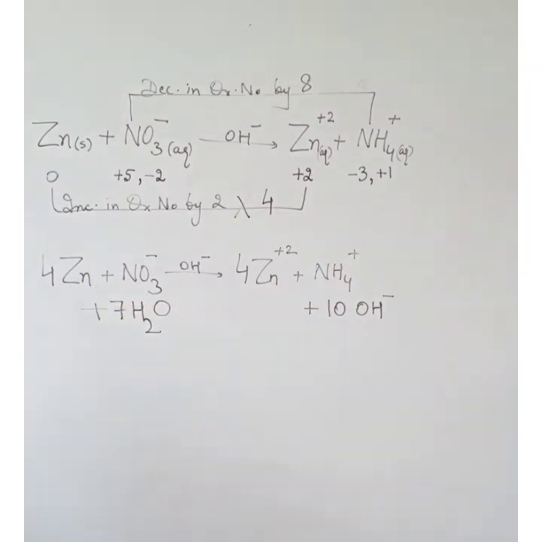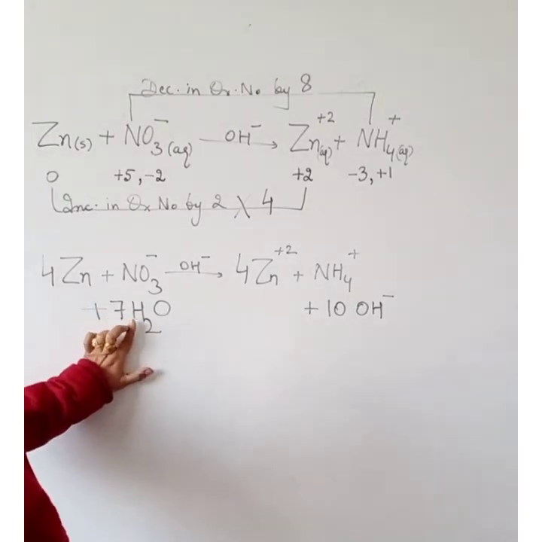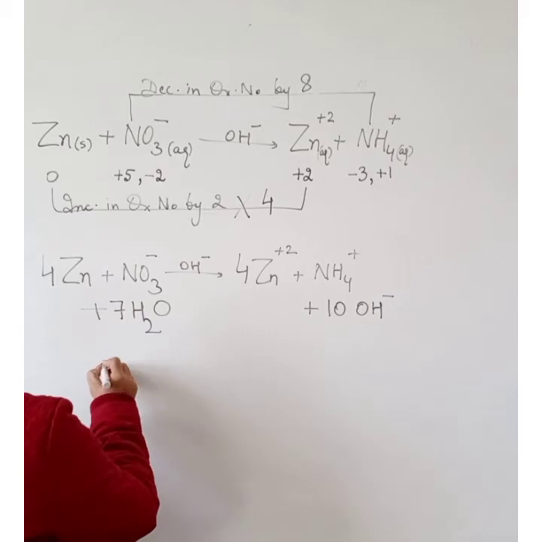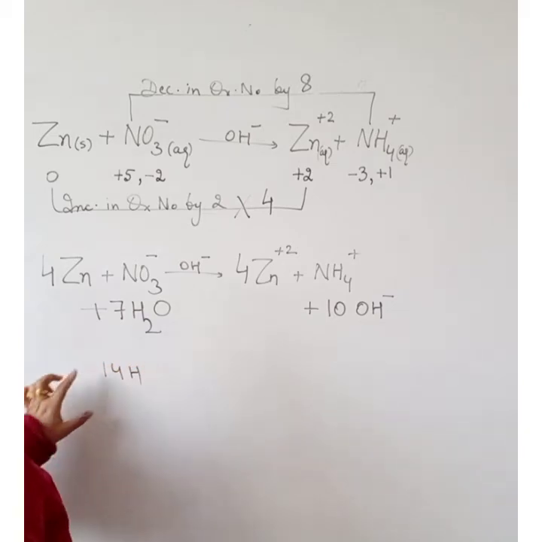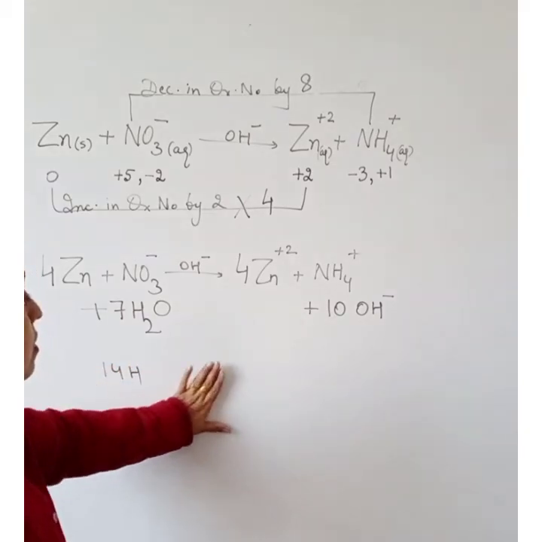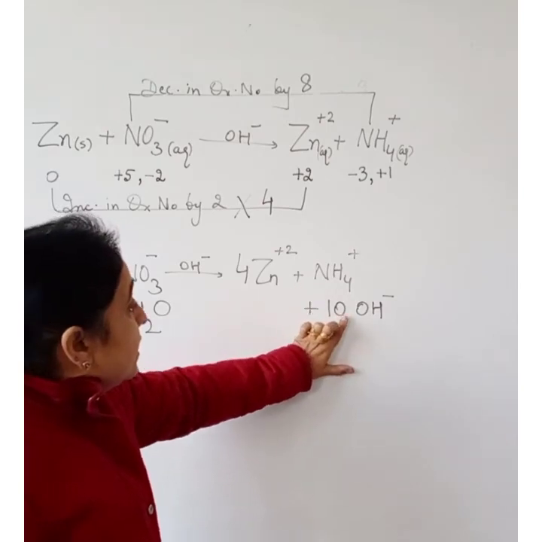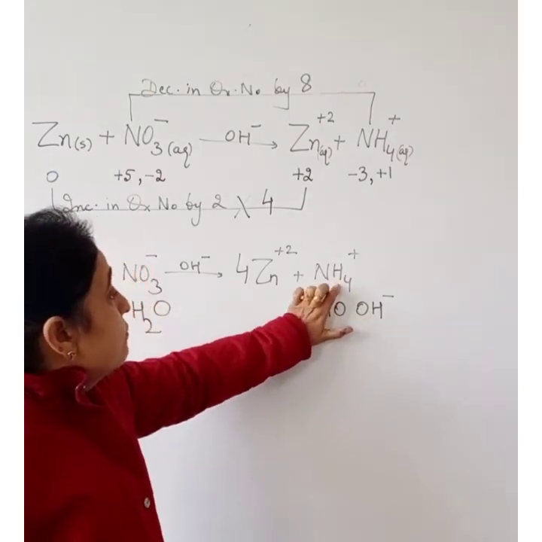Now the next step is balancing of hydrogen, which is affected by the medium. And in the basic medium, hydrogen is balanced by adding water molecules on the deficient side and same number of OH minus on the other side. Let us see the number of hydrogen. 7 2s are 14 hydrogen here. 14 hydrogen is on the left hand side. On right hand side, 10 hydrogen and 4 hydrogen.